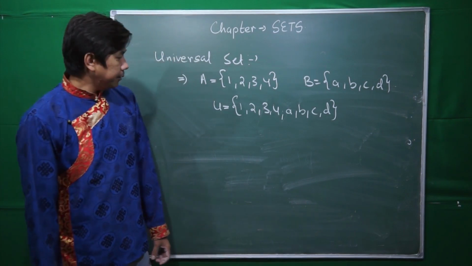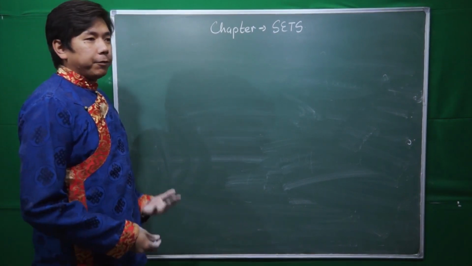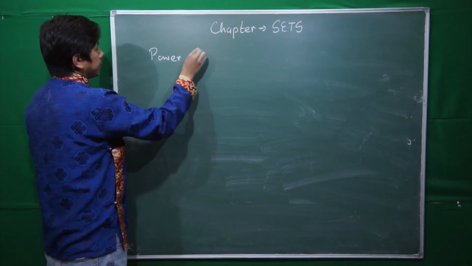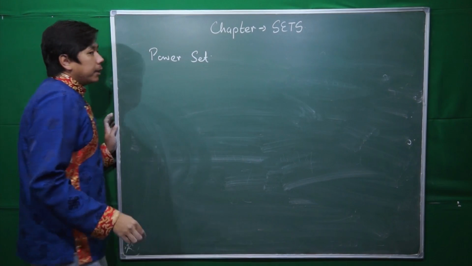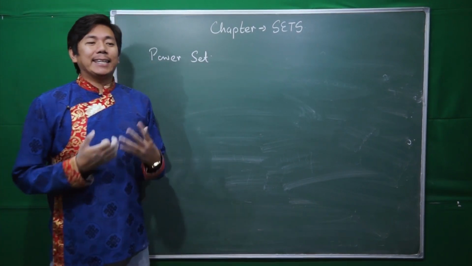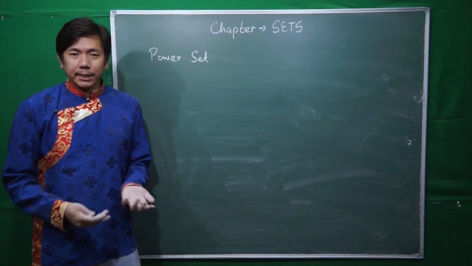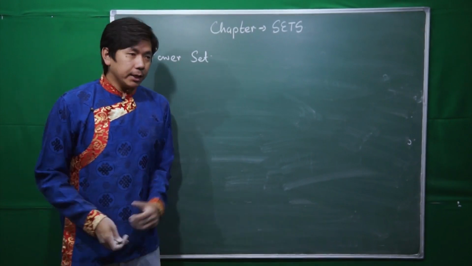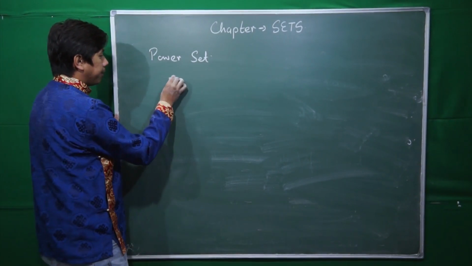Okay, clear? Now for the last topic for today, we were talking about power set. What is a power set? Now power set is defined as a set that contains all the subsets of a given set. If it's confusing, let's write it down. What is a power set?